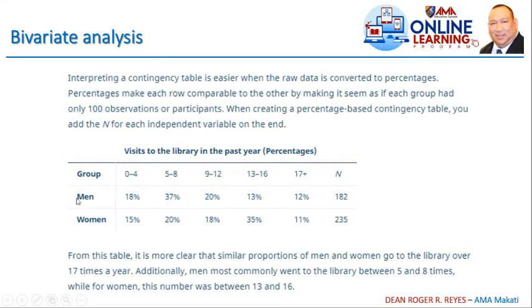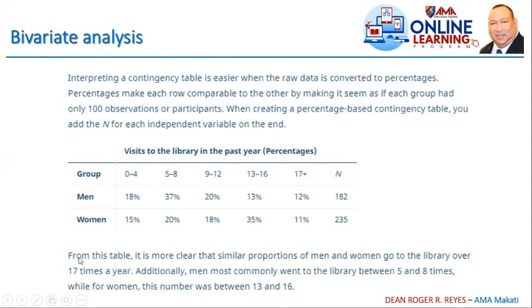So, for example, again, we have the independent variables, we have the dependent variables. For men, 18, 37, 20%, and total number, 182, while for women, 235. This is the percentage distribution of the number of their visits to the library.